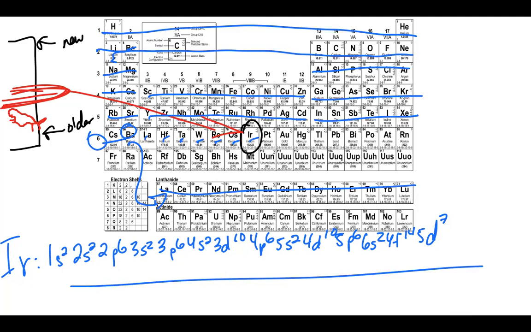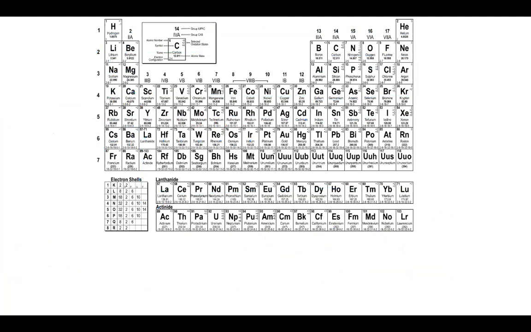Now, if I don't want to go through all of that, I can use what's called noble gas notation or noble gas abbreviation. What that means is you go from the nearest previous noble gas. So using iridium again, you go back to the nearest previous noble gas, which is xenon.